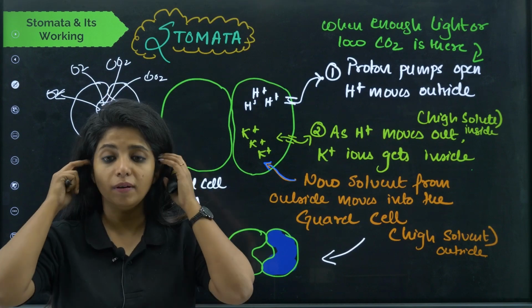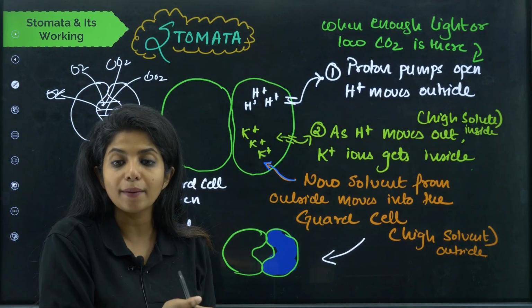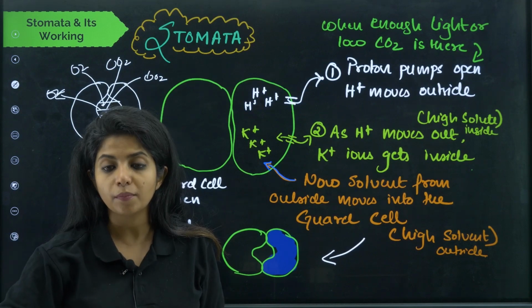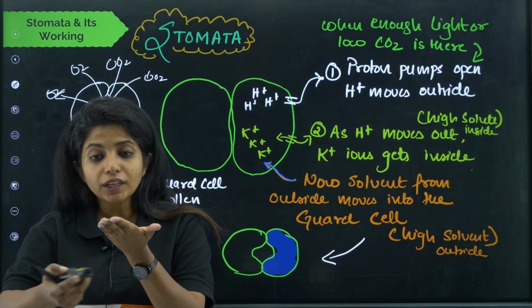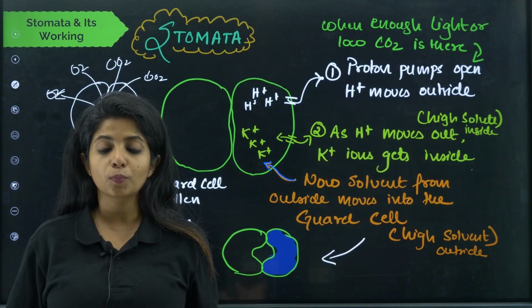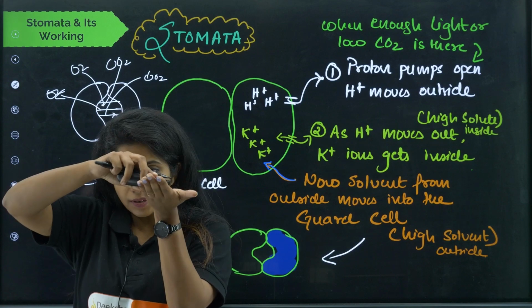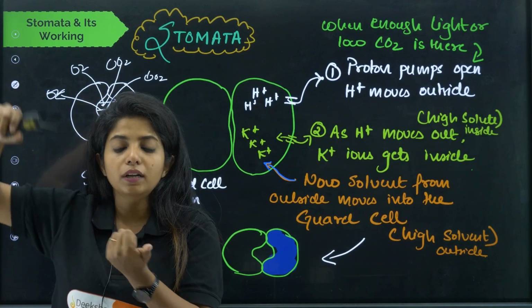And I want you to remember that stomata are found in more amount on the lower epidermis region than the upper epidermis region. For example, if you have a leaf, the lower side of the leaf will have more stomata. Can you think of why? Because if they are on the upper side, the sun is already there, so whenever they open, more water will be lost.